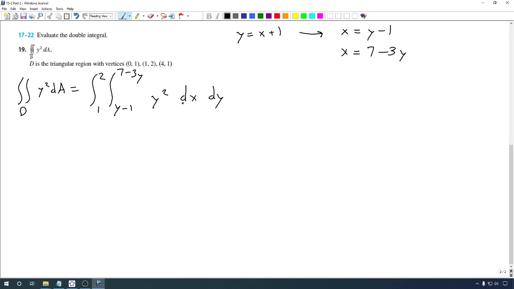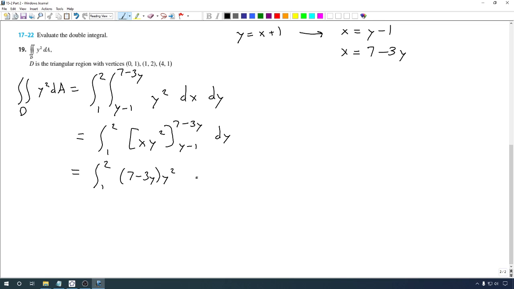The first step is actually pretty nice because there are no x's. We end up just turning this into x times y squared. Keep in mind we are plugging in these values for x. So we end up with (7 minus 3y) times y squared minus (y minus 1) times y squared.